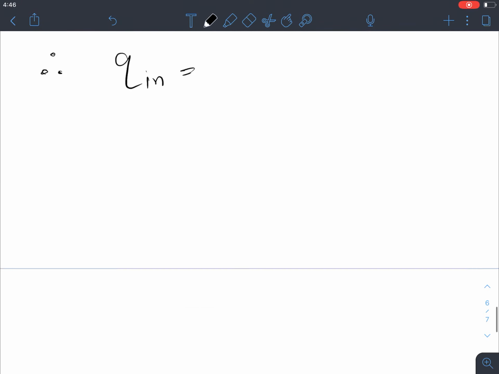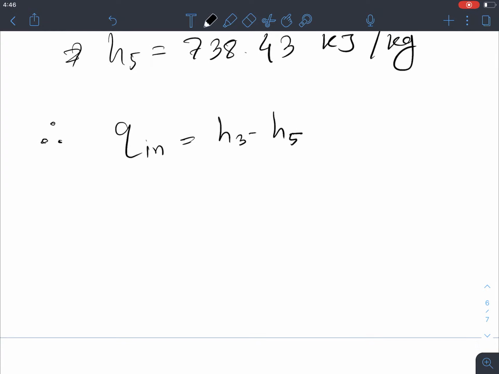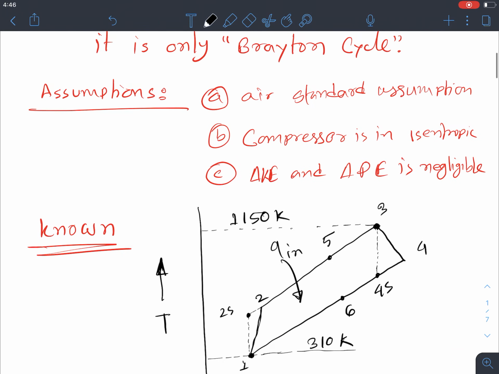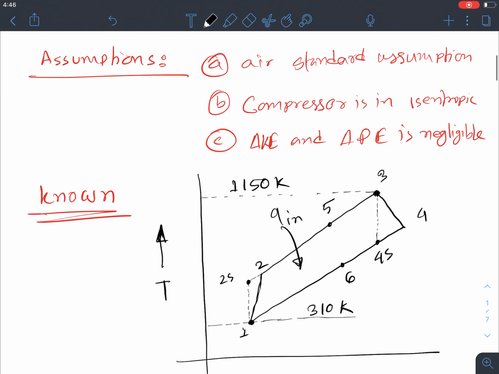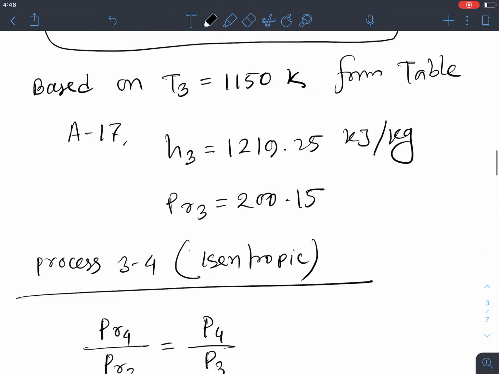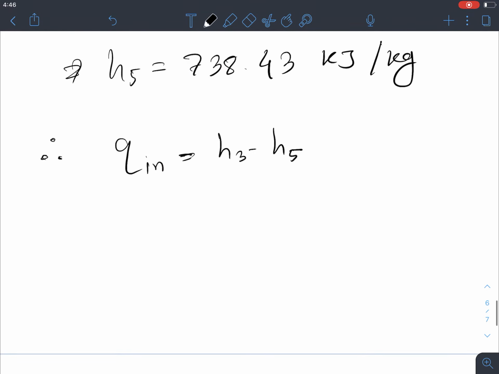So this Q in will become H3 minus H5, right? This is for the regeneration unit, the actual Q in.